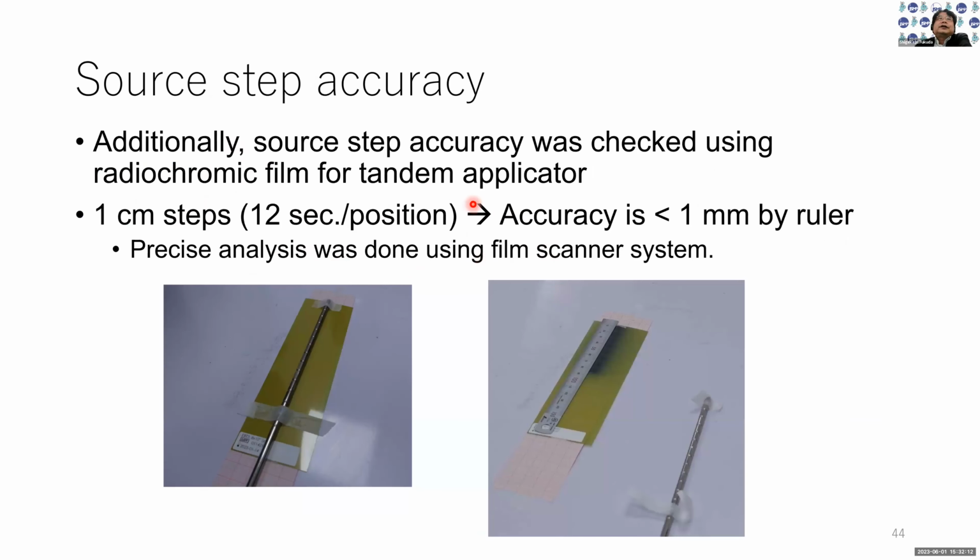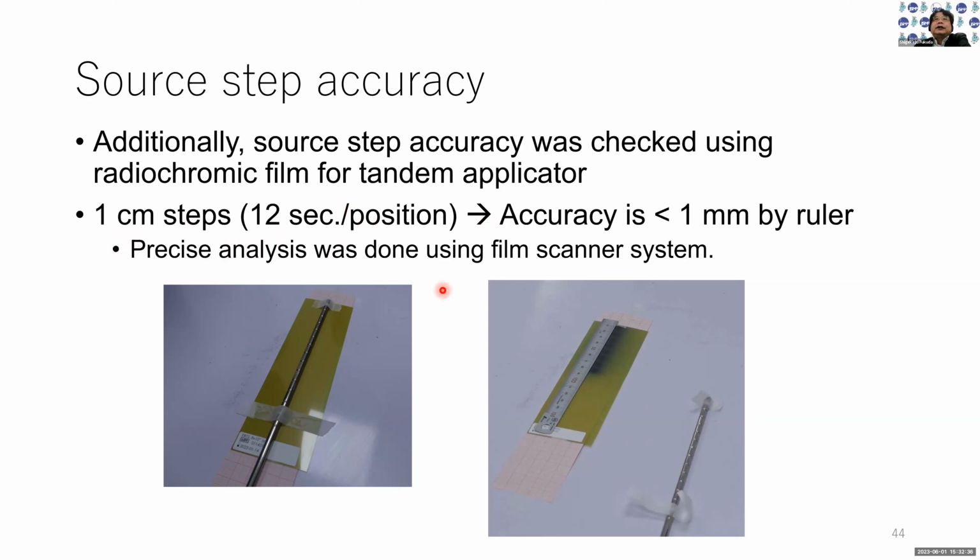And additionally, we check the source step accuracy using radiographic film of a tandem applicator. We ordered the operator to deliver 1 centimeter steps, for example 12 seconds at each position.